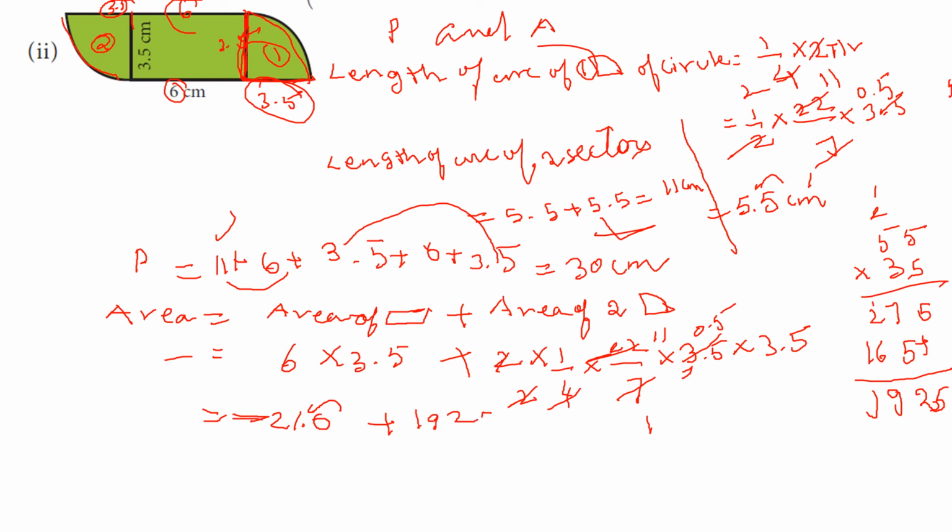Here two decimals are there, so put left, so 19.25. So 19.25 plus 21, add it, is 40.25 centimeters square, that is the area.